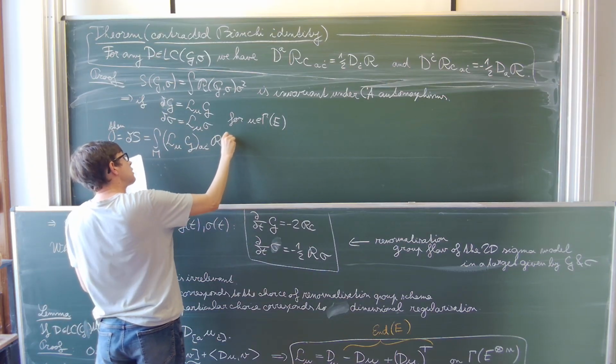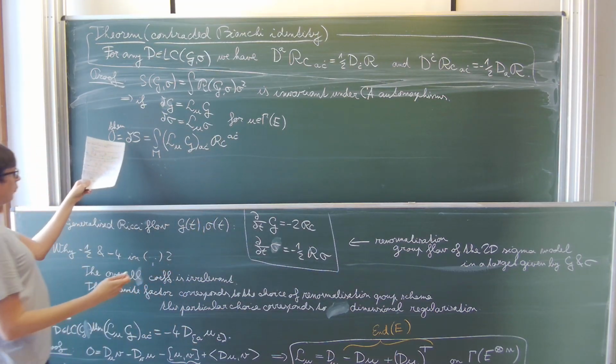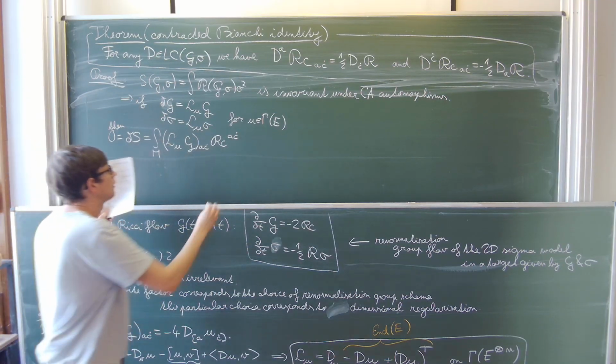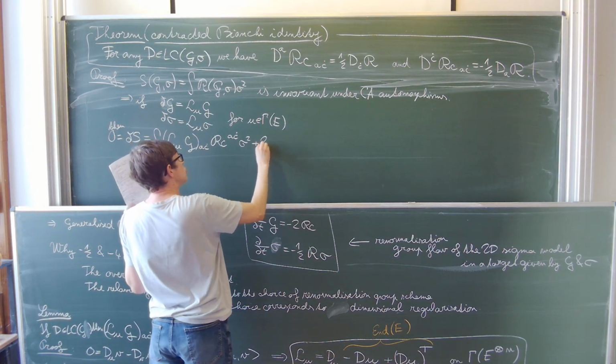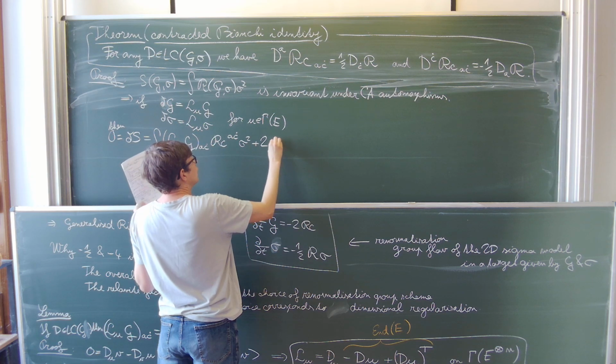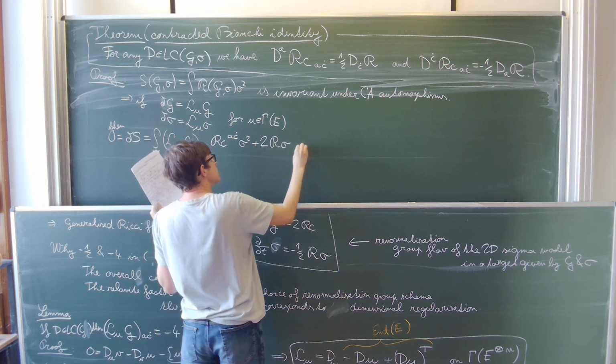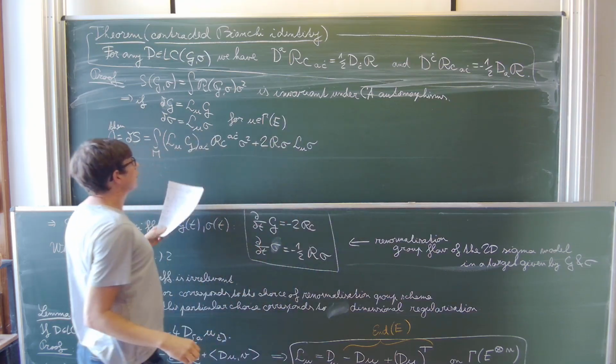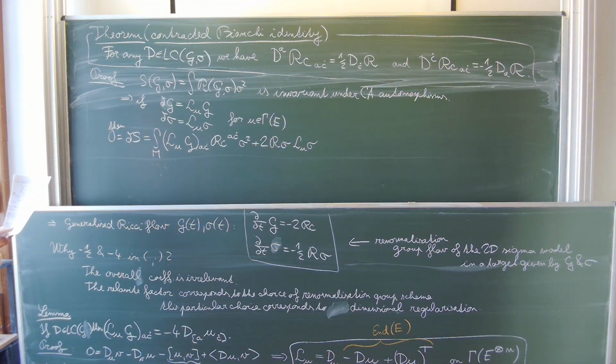Times the Ricci tensor. Okay, so remember the formula. Delta S was something that has Ricci times the change of the metric plus 2 times scalar curvature times sigma times the change of the Hall density. So this was the general formula. Now what can we do with this?